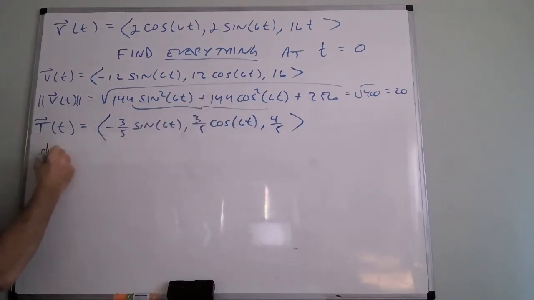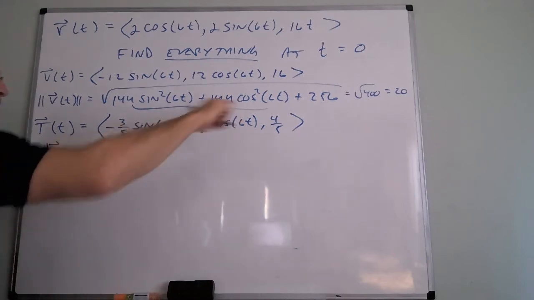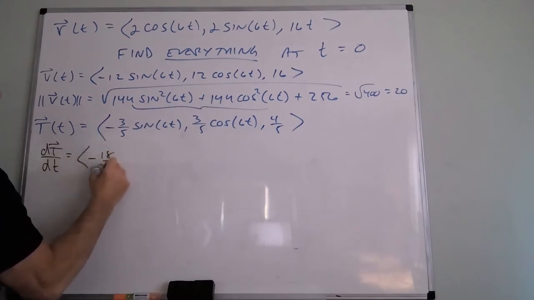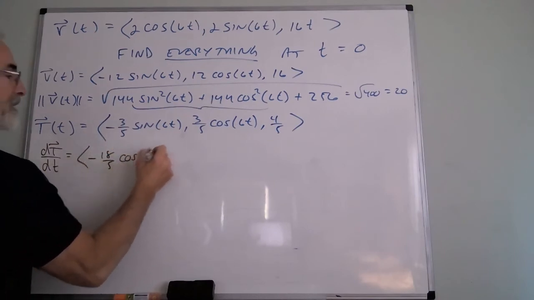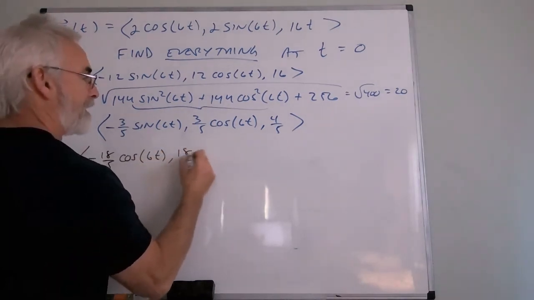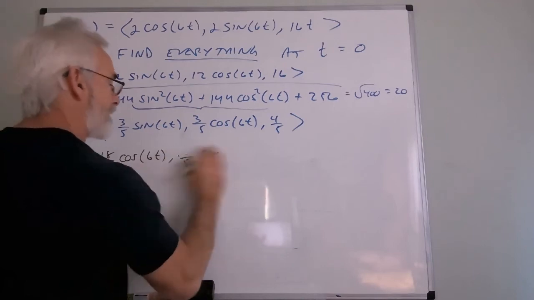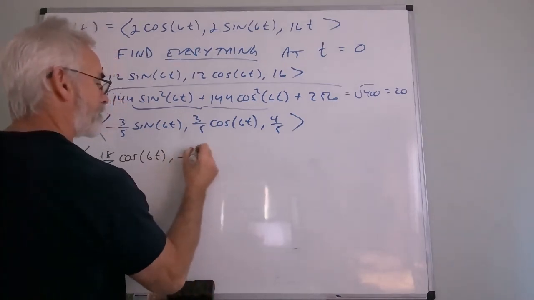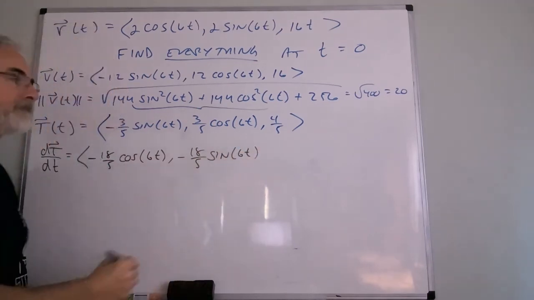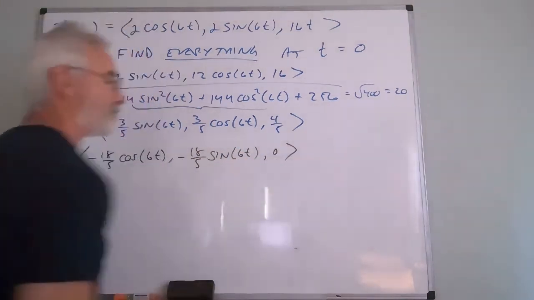So dT/dt is, now I need the derivative of this guy. So this is going to be negative 18/5 cos 6t, negative 18/5 sine of 6t, 0.